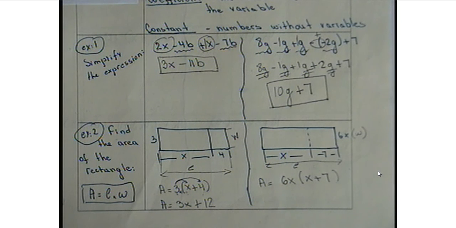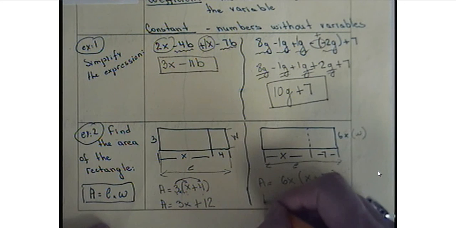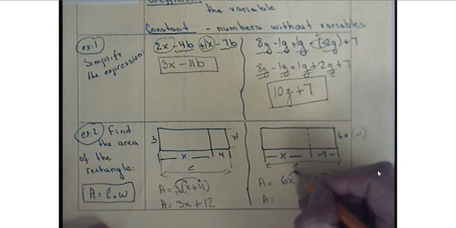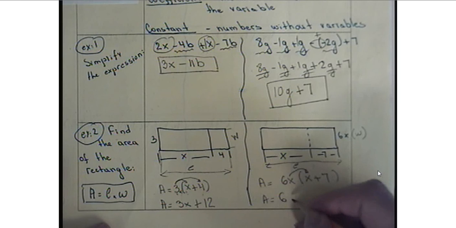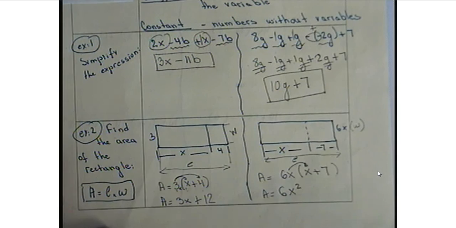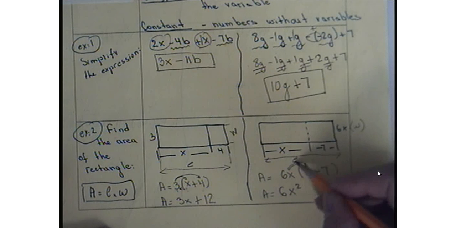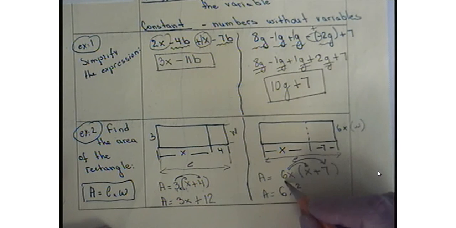Definitely we can apply distributive property to simplify a little bit more. So the area here will be equal to, if you multiply 6x times x, we have 6 times x times x is x squared. And then we multiply 6x times 7. 6 times 7 will give us 42.